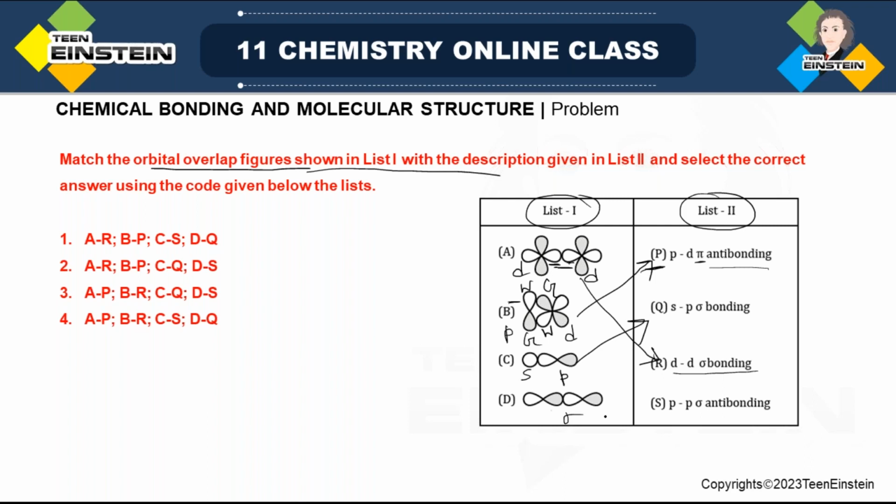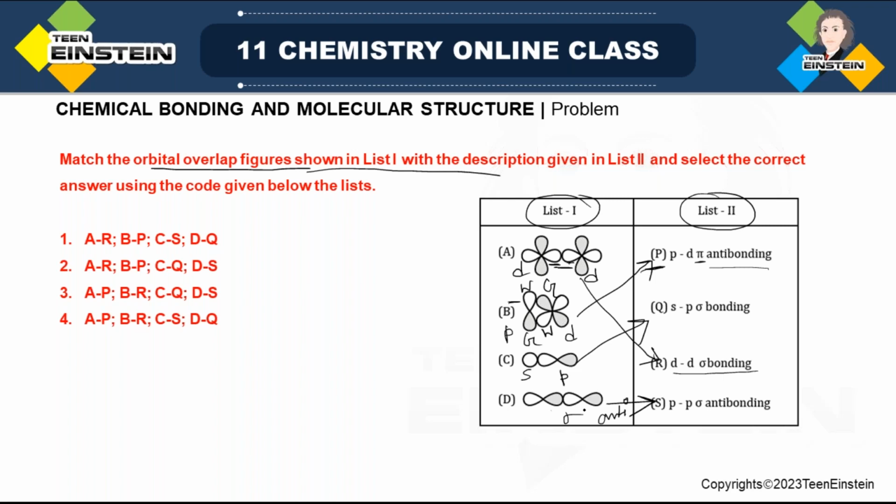Phase signs are not matching, so it will be anti-bonding, and it is between two P. So only PP sigma remains, as well as anti-bonding. From solving this problem, you get all the ideas clear: not just between what orbitals the bonding is taking place, P, D or S, but also whether it is pi or sigma, and whether it is bonding or anti-bonding, that is, positive overlap or negative overlap.